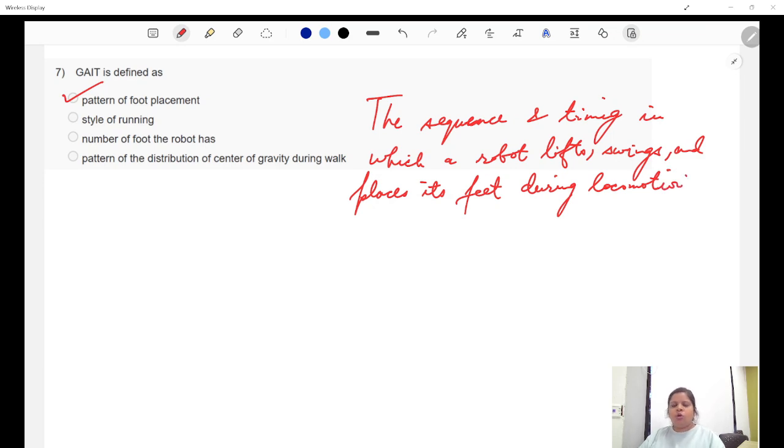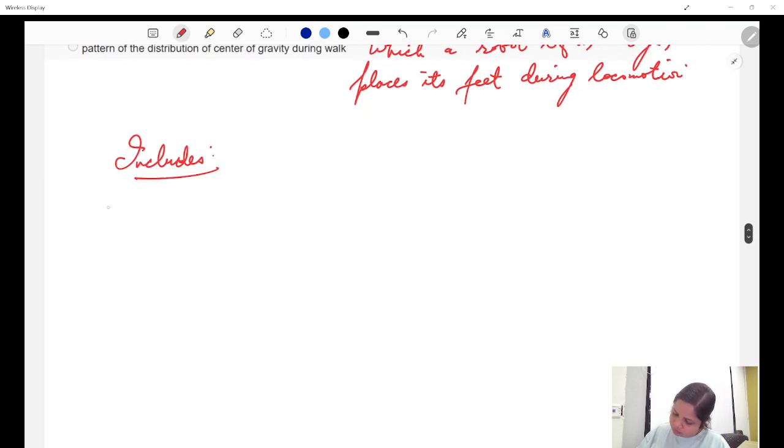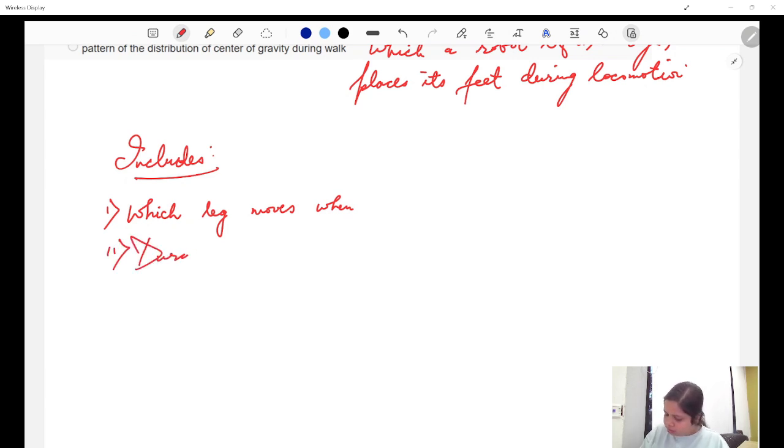So this includes which leg moves when, right? What does it include? Which leg moves when? What is the duration of swing versus stance phase?